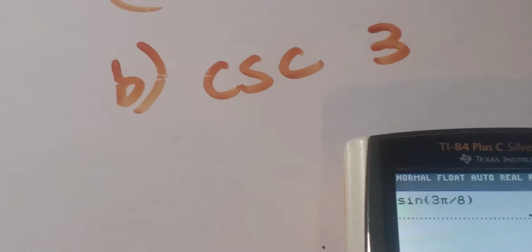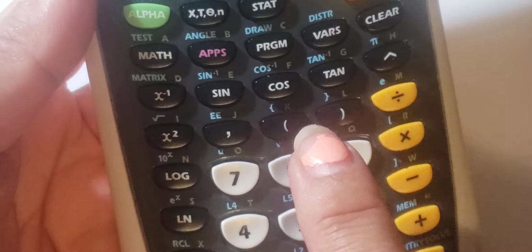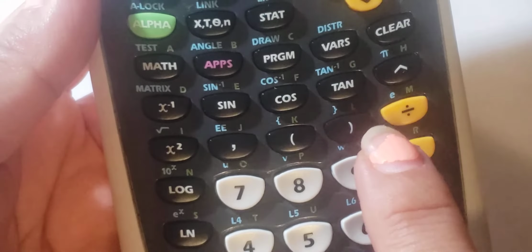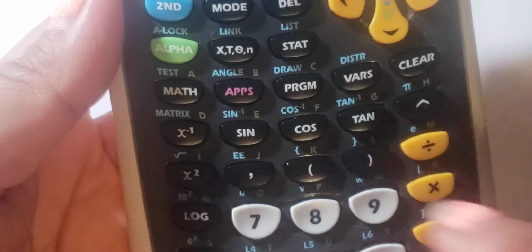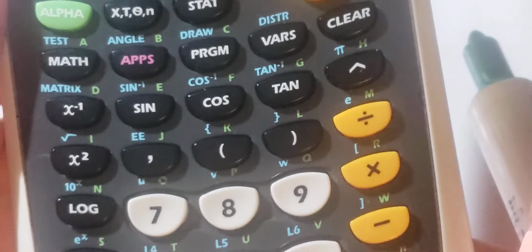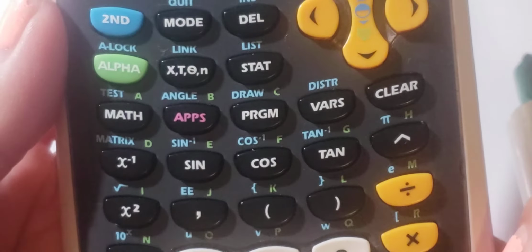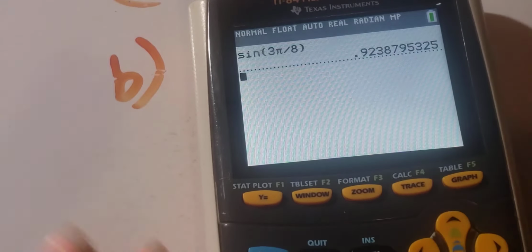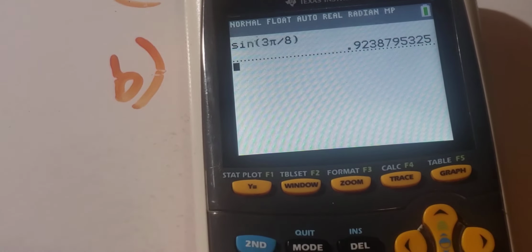Okay? And then here's the next one. Cosecant. If you notice, we just have sine, cosine, and tangent. I'm going to show you how to access cosecant, but if you recall, cosecant is actually the reciprocal of sine. To be honest, I would just take a shortcut instead of digging for it in your calculator.